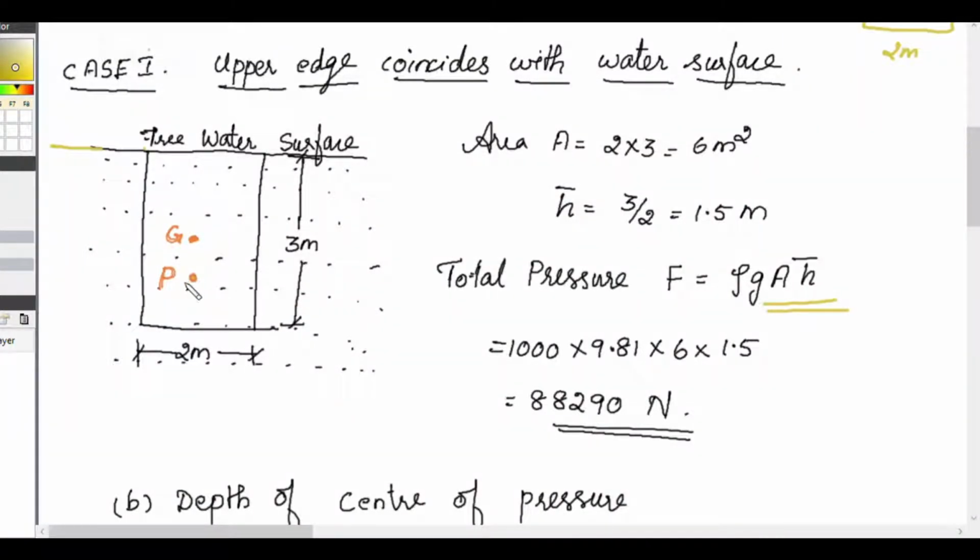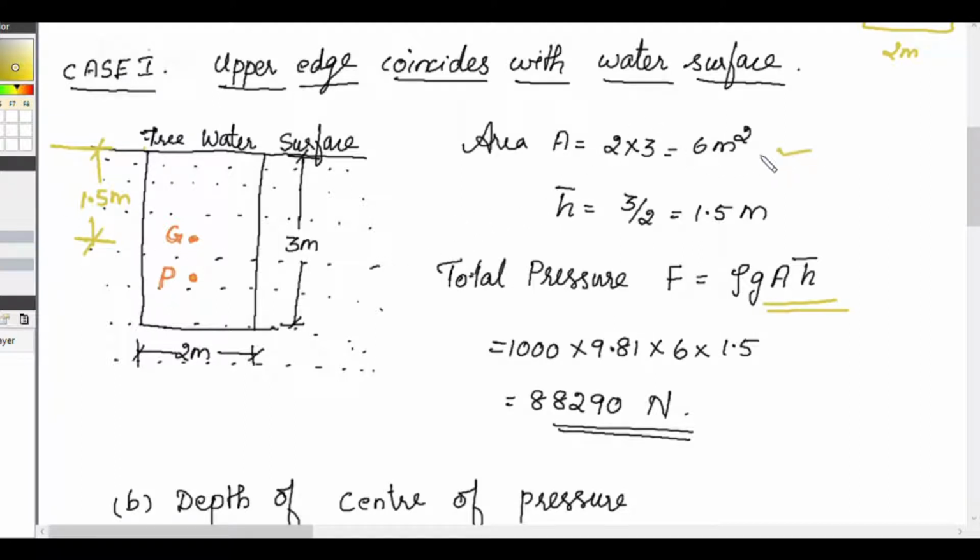We know the center of pressure always lies below the center of gravity. For a rectangular plane, the center of gravity along the depth is 3 by 2, so it is 1.5 meter. So this center of gravity will lie 1.5 meter from the free surface.